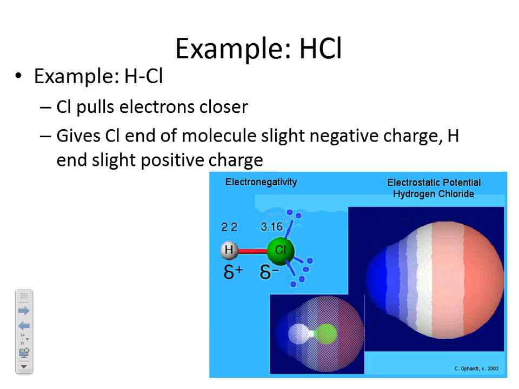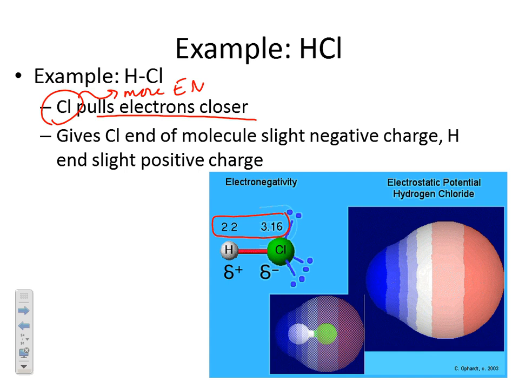So for example, HCl. This is a polar bond because we have a difference in electronegativity that's definitely in the medium area. These are our two electronegativity values, 2.2 and 3.2, so our delta EN is just about under 1. That puts it squarely in the polar category. Chlorine is more electronegative, so chlorine pulls the electrons closer.